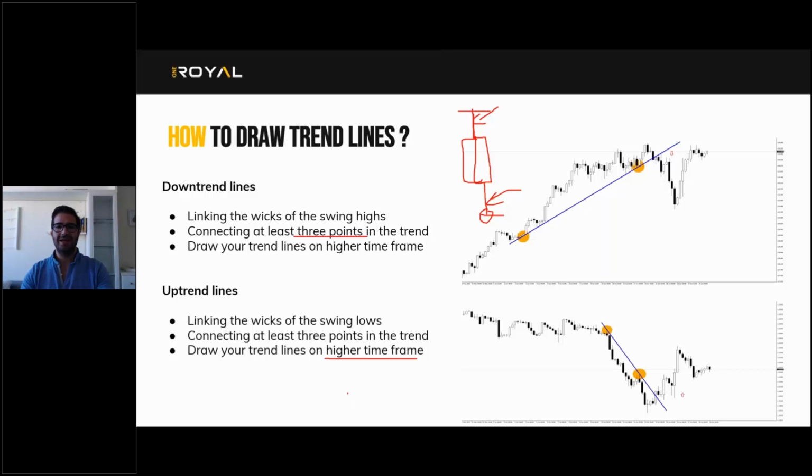So use the higher time frame to plot your trend lines. This applies similarly to support and resistance. Higher time frame lines or support and resistance are always more efficient than the lower ones.